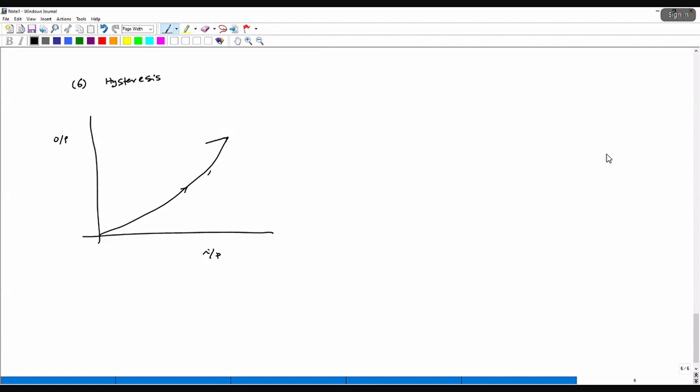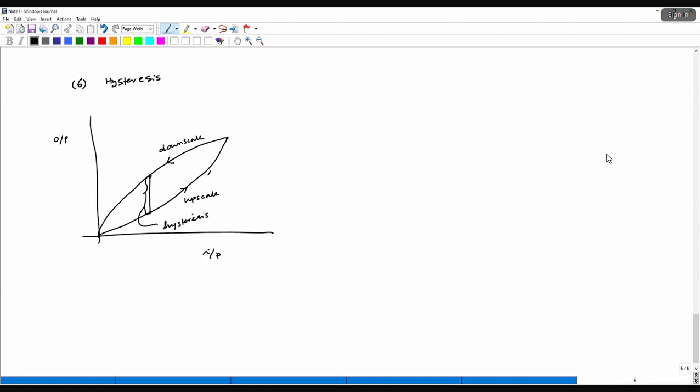It takes a slightly different path. So this is the upscale, that means you are increasing the input, and this is the downscale. Okay. So for a given input now, you have basically two different outputs. Okay. So this difference is known as hysteresis.